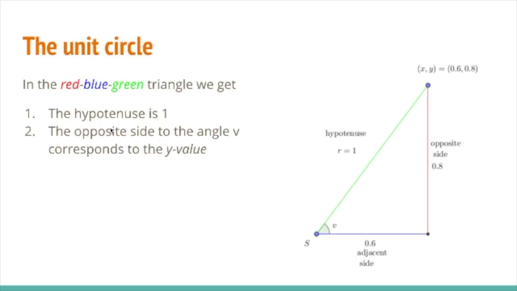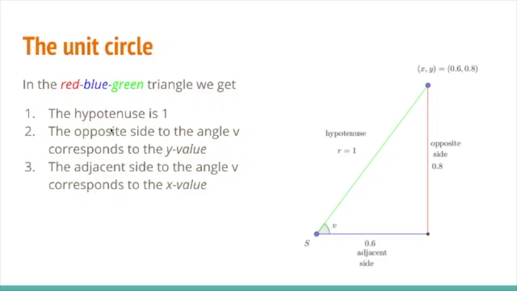Well, that means that the y value, which was 0.8, will be the length of that red side, the opposite side. So the length of the opposite side equals the y value. And the same applies to the adjacent side. The adjacent side is the blue side, and this has length 0.6, because the x value was 0.6.